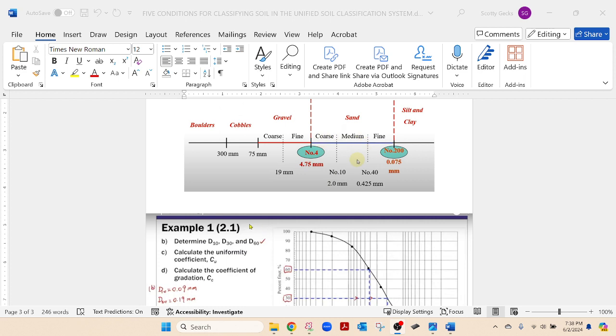But I want you to look over here if you don't know how to read this, because all of this is part of the Unified Soil Classification System. And here's one that I've been working on. Actually, I'm not as familiar with the Unified Soil Classification System as I am with AASHTO. But most people, in day-to-day construction for apartment buildings or things like that, will use the Unified.